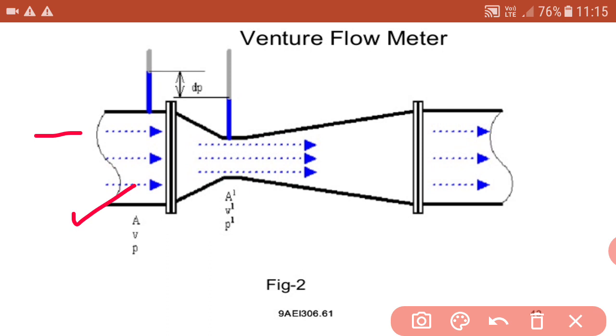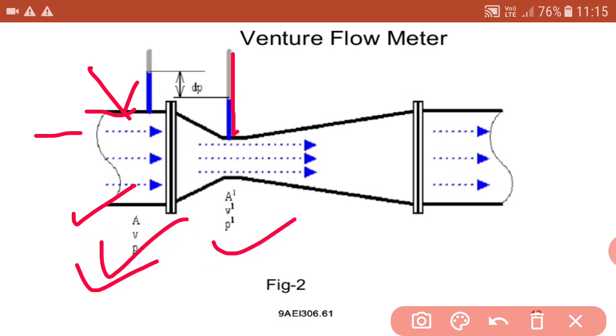So before this there is A1, V1, P1 and here we can see the diameter of this tube is less as compared to here. So here area will be A2, velocity will be V2 and pressure will be P2. So there is a difference in pressure from here to here.